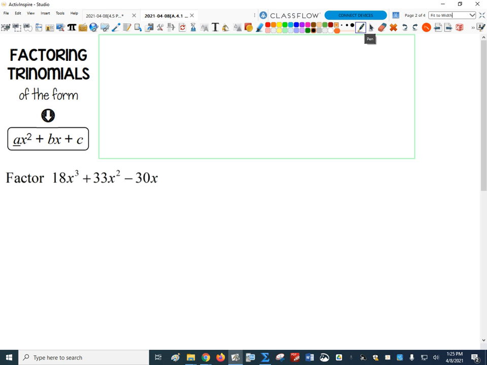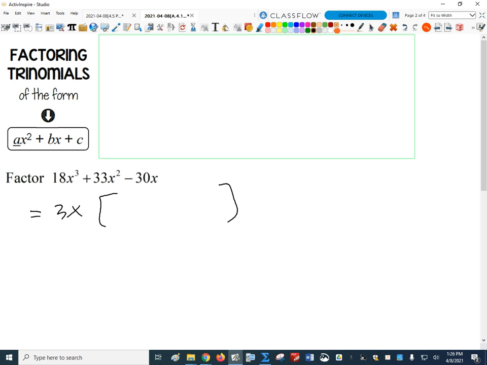So what are we going to do first here on this one? Good. We always want to try to get a greatest common factor first. What can we undistribute here? 3x. Good. So right away we could factor out a 3x. Now what's left behind if we do that?